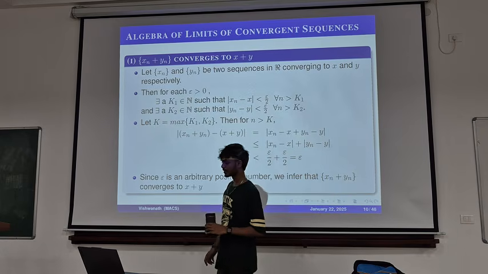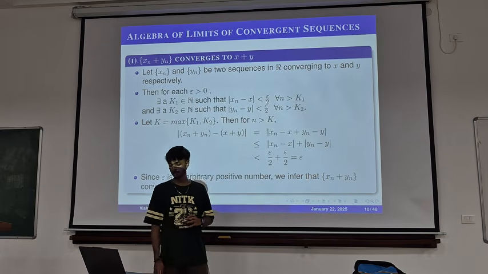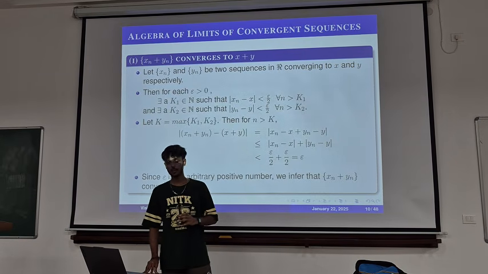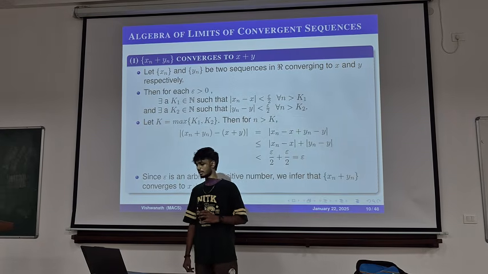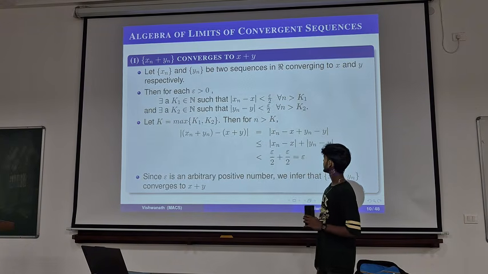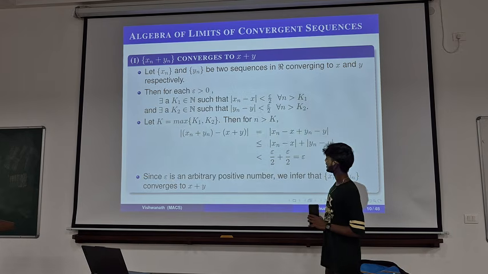We have been given that there are two sequences xn and yn, which converge to x and y respectively. Let us take a positive epsilon such that there exists a k1 in natural numbers such that the modulus of xn minus x is less than epsilon by 2, for n greater than k1.